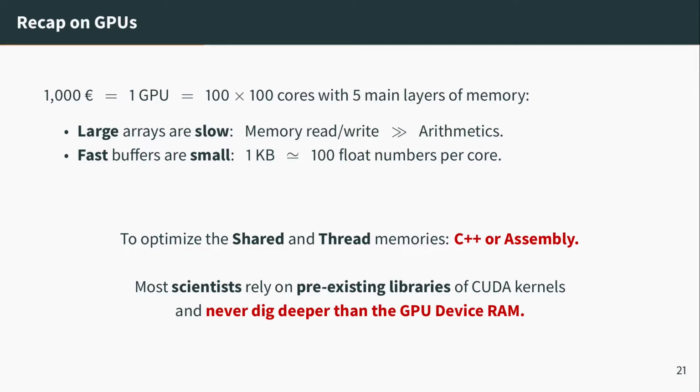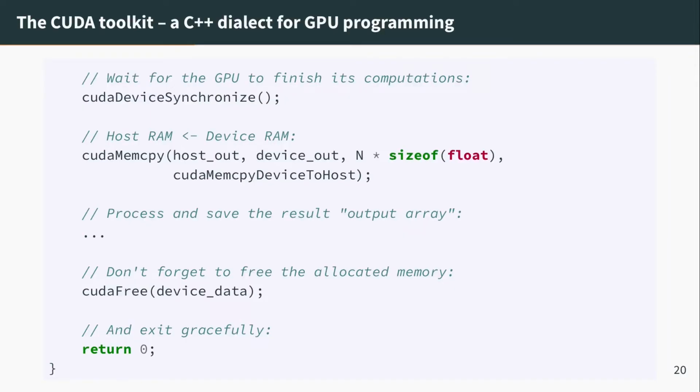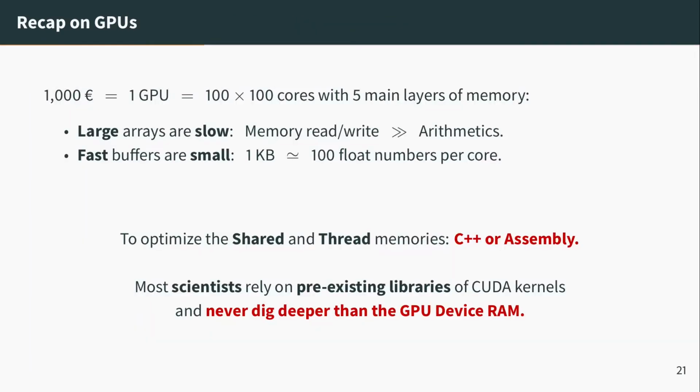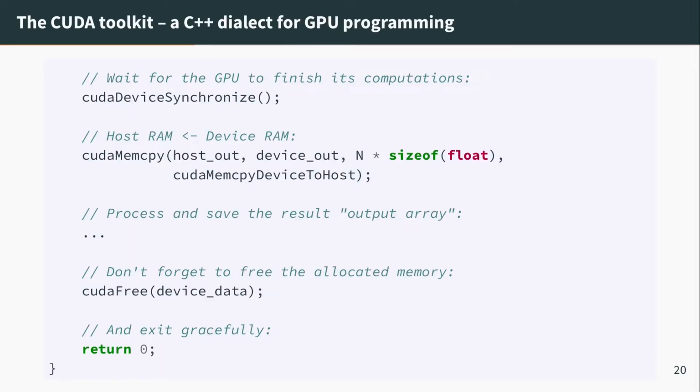So now the thing is that if you want to optimize the shared and the thread memories, it's doable, but only in C++ or assembly. So most scientists obviously don't want to do that. Okay, you want to focus on your data, you want to focus on your patients, you want to focus on your models. And this is why most scientists rely on pre-existing libraries of CUDA kernels, which are essentially pre-compiled binaries.